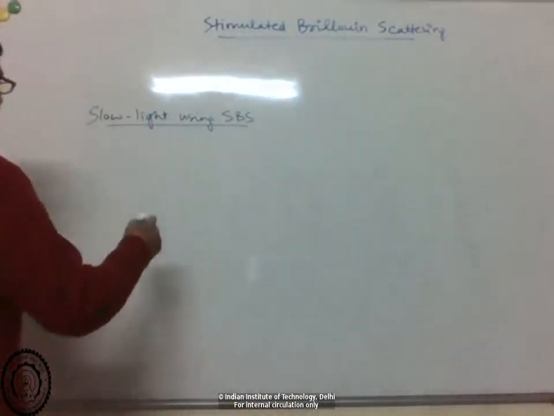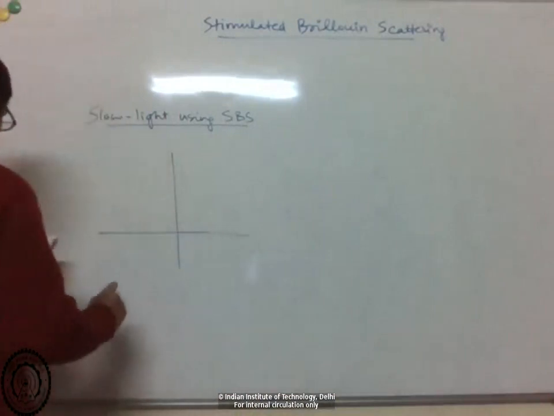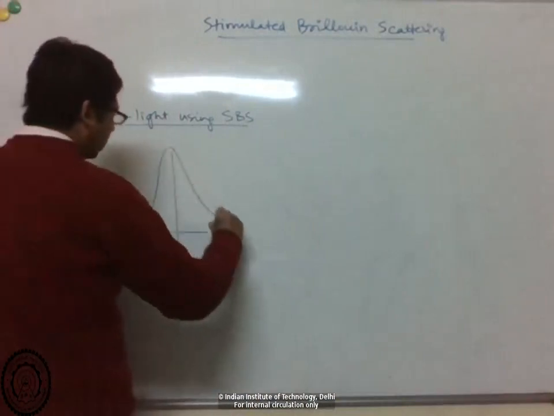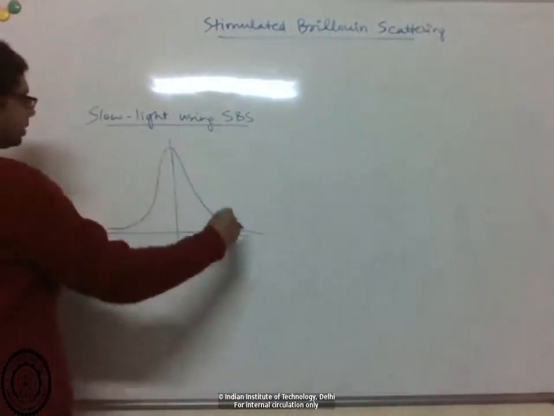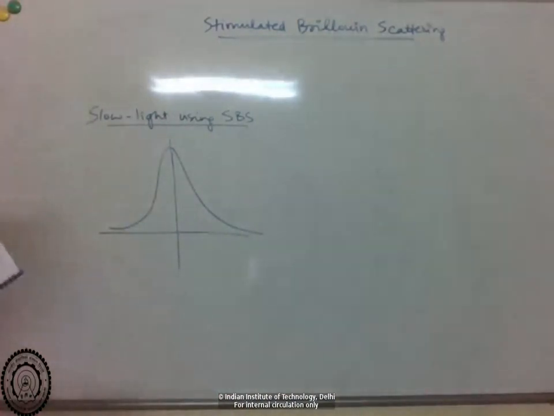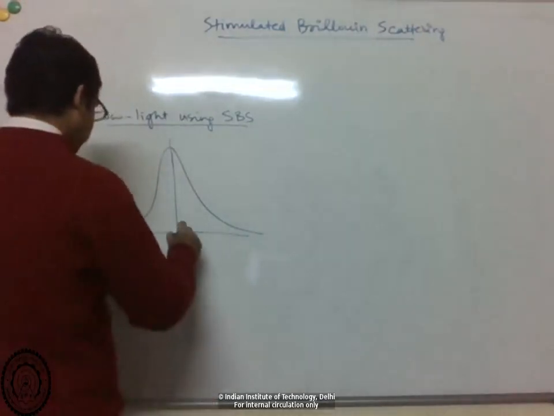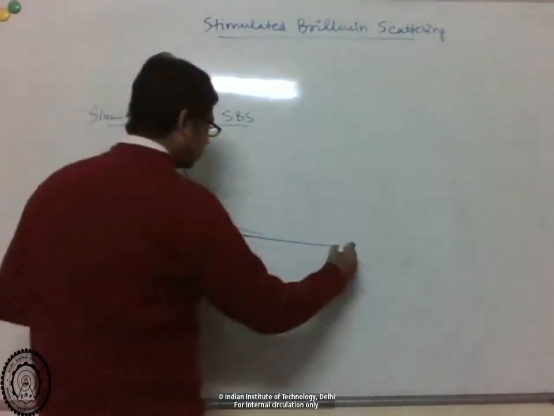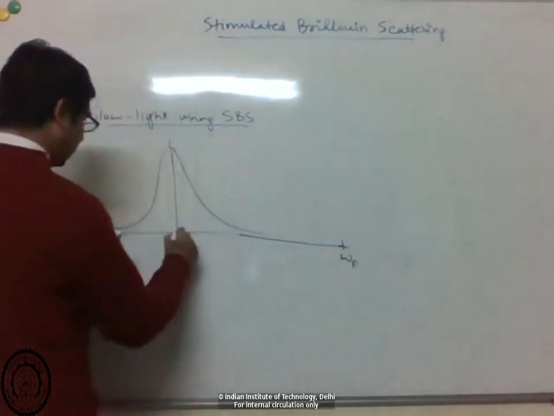Right. So recall that the Brillouin susceptibility had a real and an imaginary part, right? The imaginary part looked like a Lorentzian. Let's say my pump frequency is somewhere here, with the Brillouin shift down.